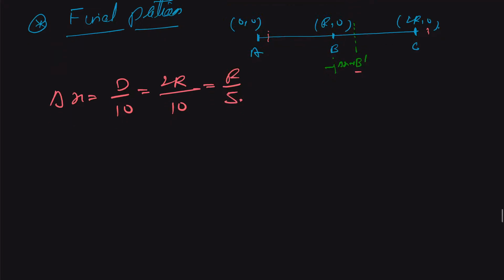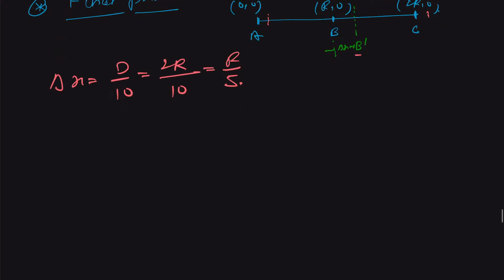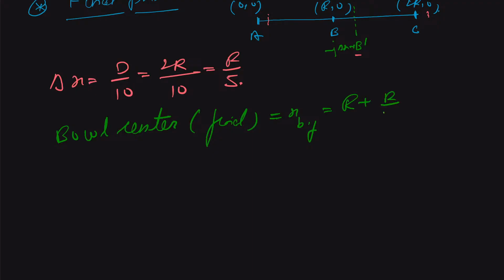Okay. So therefore we can write that the bowl center final, let us call this our x_b final, will be equal to r plus r upon 5. Okay. So this comes as 6r upon 5.